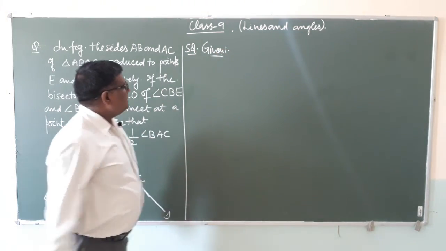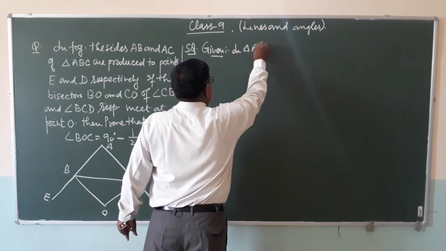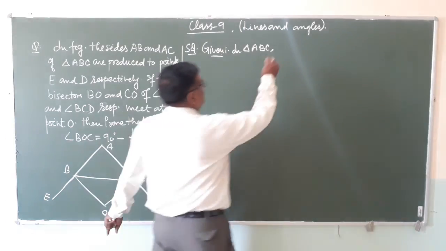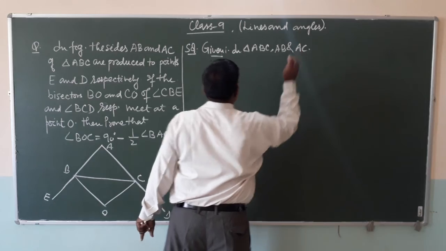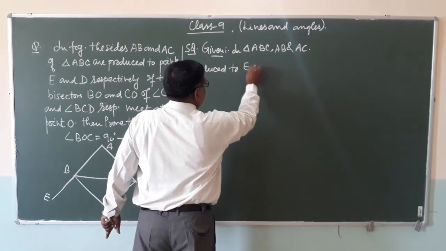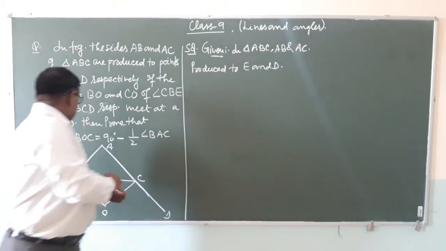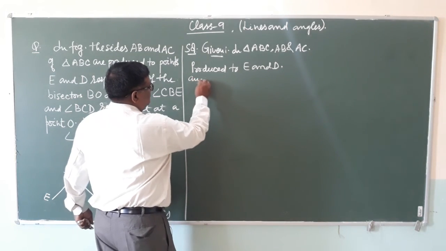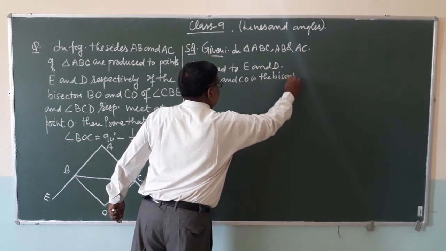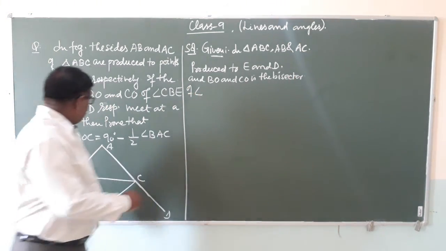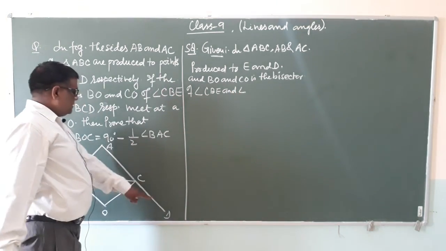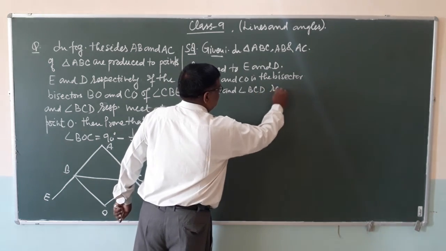Given: in triangle ABC, AB is produced to E and AC is produced to D, and BO and CO are the bisectors of angle CBE and angle BCD respectively.